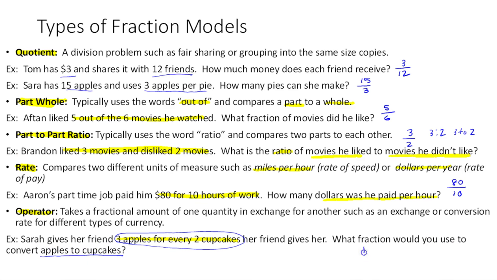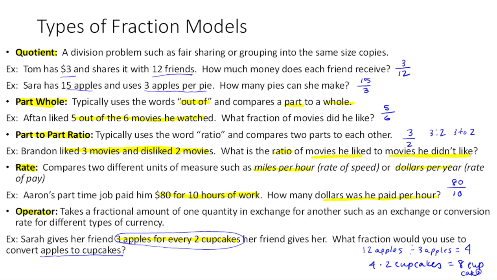Say you had 12 apples. How many cupcakes would that be? Well, every group of 3 apples, so you divide by 3 apples. So that would give you 4 groups of 3 apples. And then for every group of 3 apples, you'd get 2 cupcakes. So you'd multiply each of those by 2 cupcakes to get 8 cupcakes.